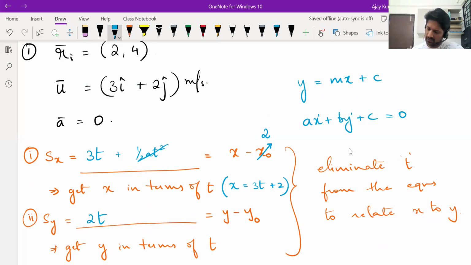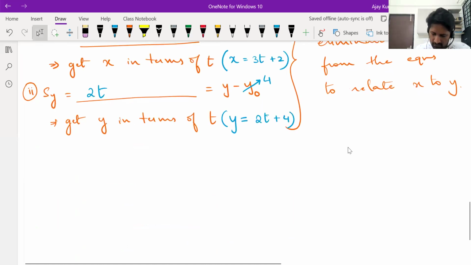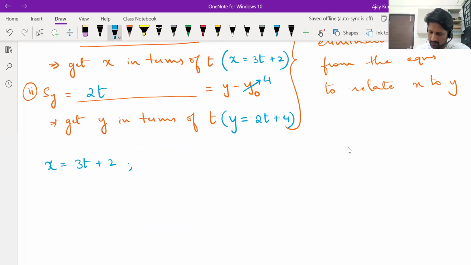What was the initial y coordinate? 4, sir. So how do you write y as a function of time? 2t plus 4. Correct. So one equation we have is x is equal to 3t plus 2. The other equation we have is y is equal to 2t plus 4.